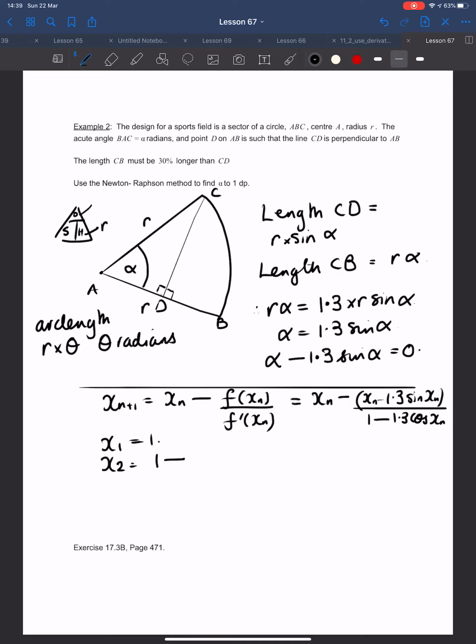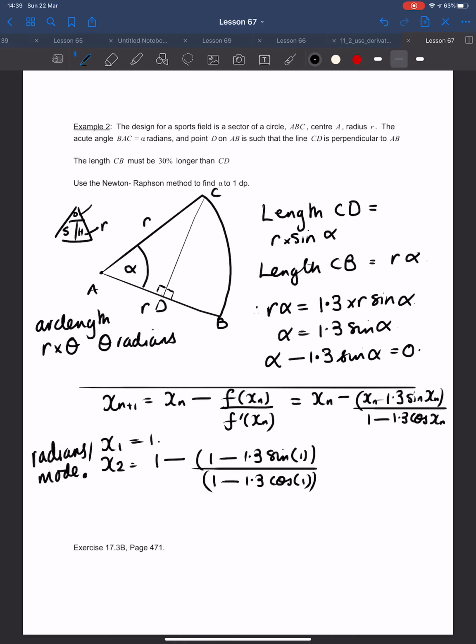So we've got 1 minus 1.3 sine 1, divided by 1 minus 1.3 cos of 1. Okay. And your calculator's got to be in radians.